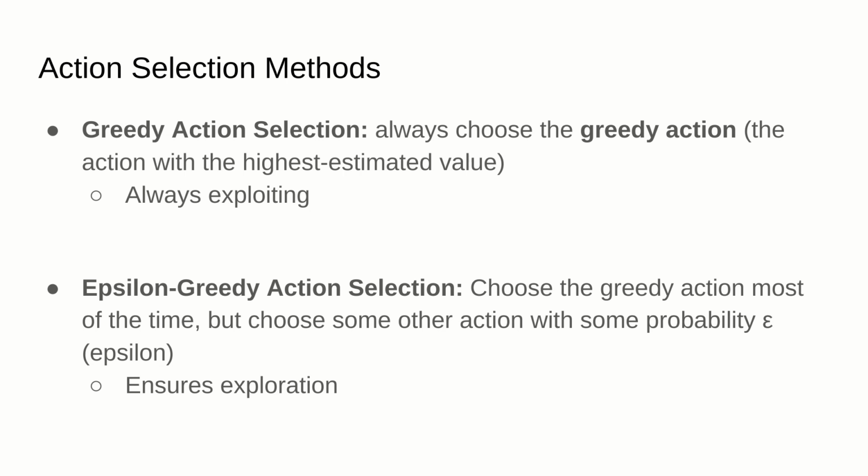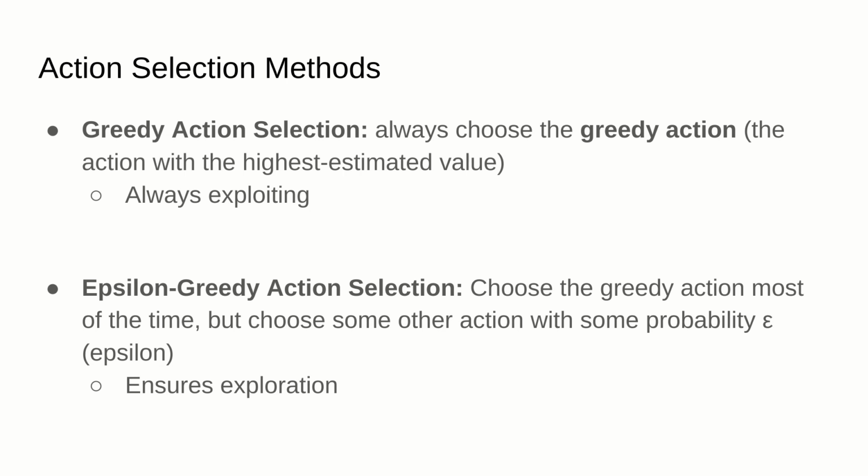Remember that action value methods are composed of two parts: estimating values and selecting actions. So we've just looked at a couple of different approaches for estimating values through sample averaging and also using a constant alpha. Now we can look at some other methods for selecting actions.